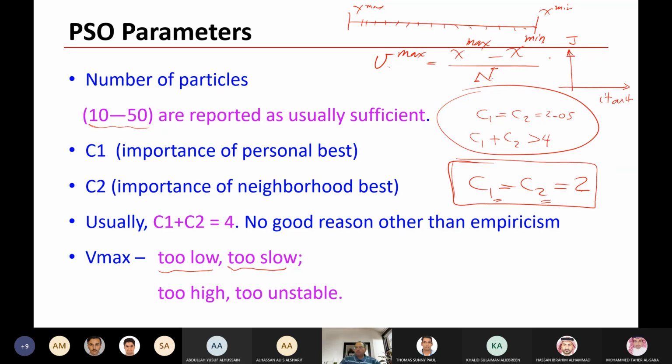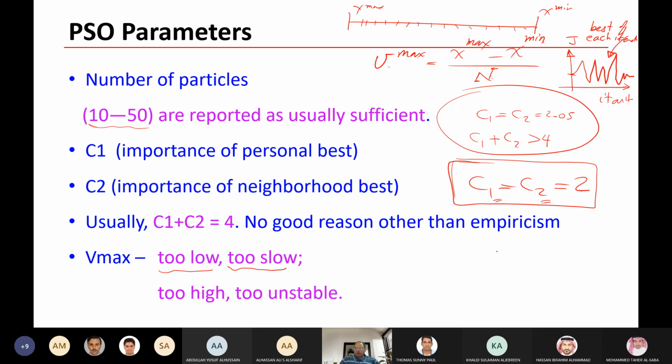If you plot here J versus a number of iteration, J of the best in each generation or in each iteration, you can see this is the best, and the best is very bad here, and then it improves, goes up and down. If you plot the best of each iteration, you can have this up and down, so you can have such a case.